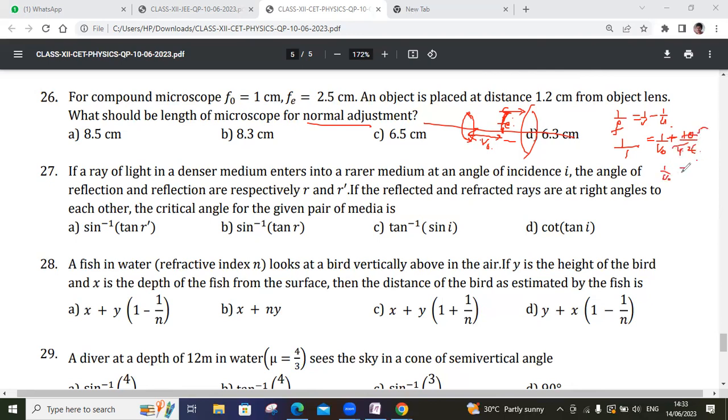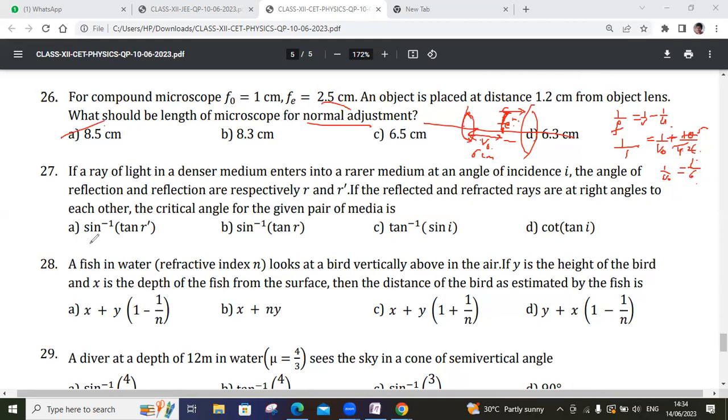So 1 by Vo is equal to 1 minus 5 by 6, that is 1 by 6. So Vo is 6 centimeter plus Fe, 2.5 centimeter. So Vo plus Fe is the length of the microscope, it is 8.5. It is not the tube length of the microscope, it is the length of the microscope. So from objective to eyepiece, how much is the length?